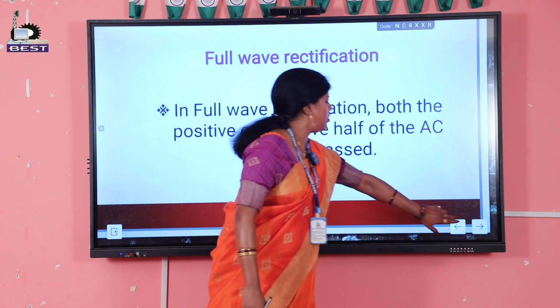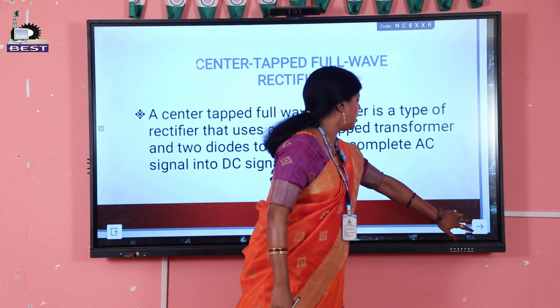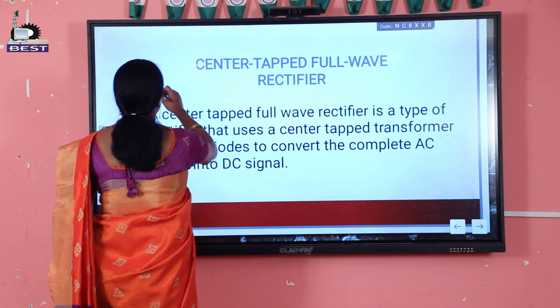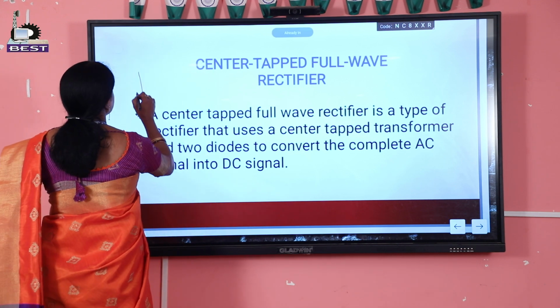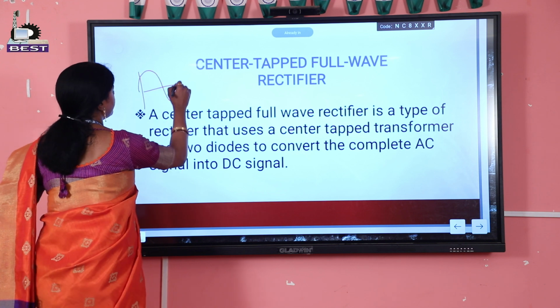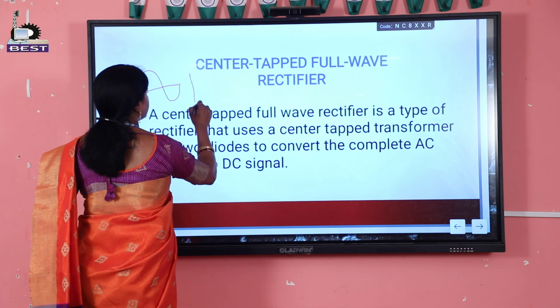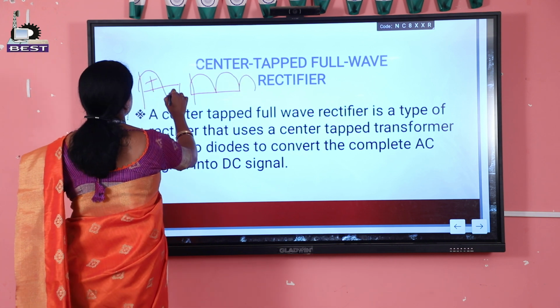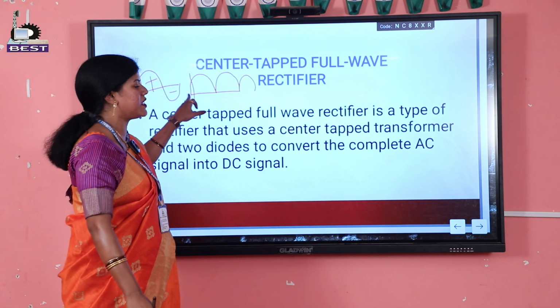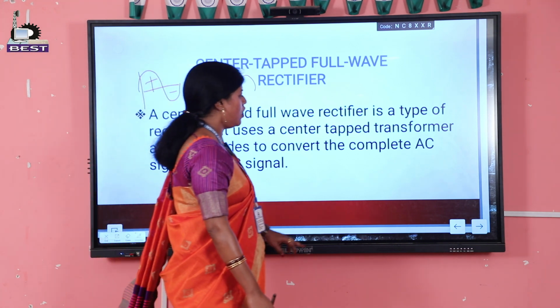Now in the case of a full wave rectifier, we get the full cycle. This is the input signal of a full wave rectifier, and we get continuous DC output. In both half cycles, during the positive half cycle as well as the negative half cycle, we get the output across the load resistor.